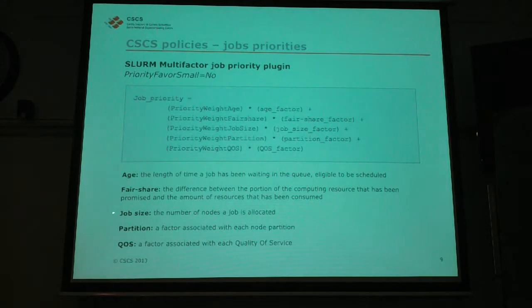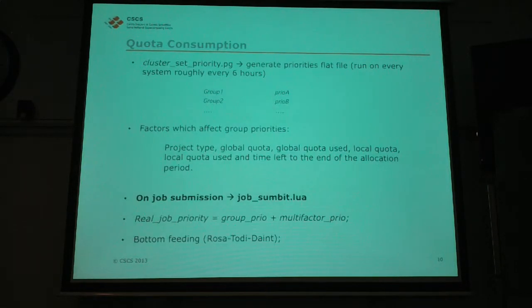The job size, so the number of nodes that you want to use, and we use the partition. We don't use quality of service here. Quota consumption, but this is not enough for us because we want to take into account even how much global quota the group has used, and how much local quota if you're running in a cluster with a threshold.